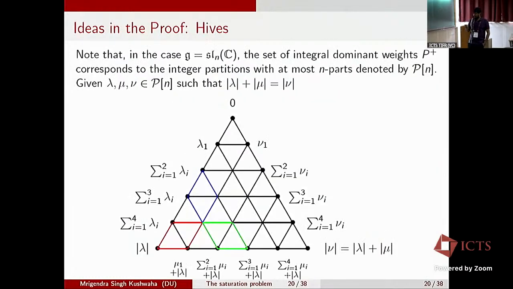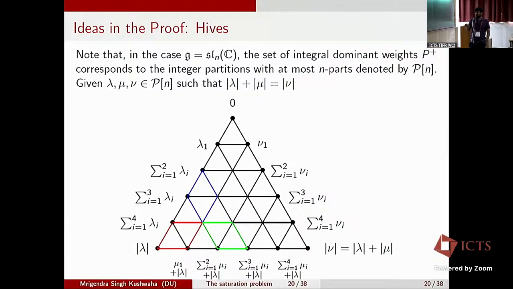Okay, so now I will introduce what a Hive is. Hives have already been introduced in the first talk, so let's see some more. Now we consider G equal to SL_n(C), and in this case the set of dominant integral weights corresponds to integer partitions with at most n parts. Take lambda, mu, nu in P_n with this relation.